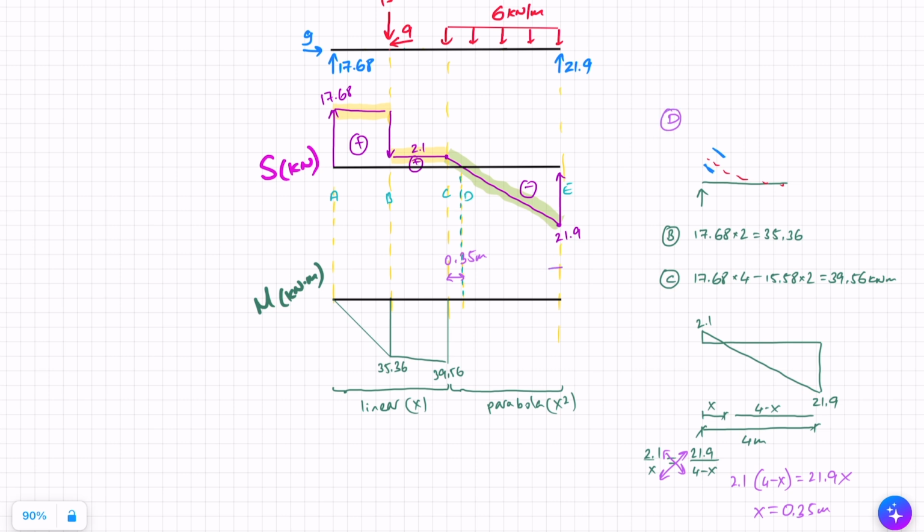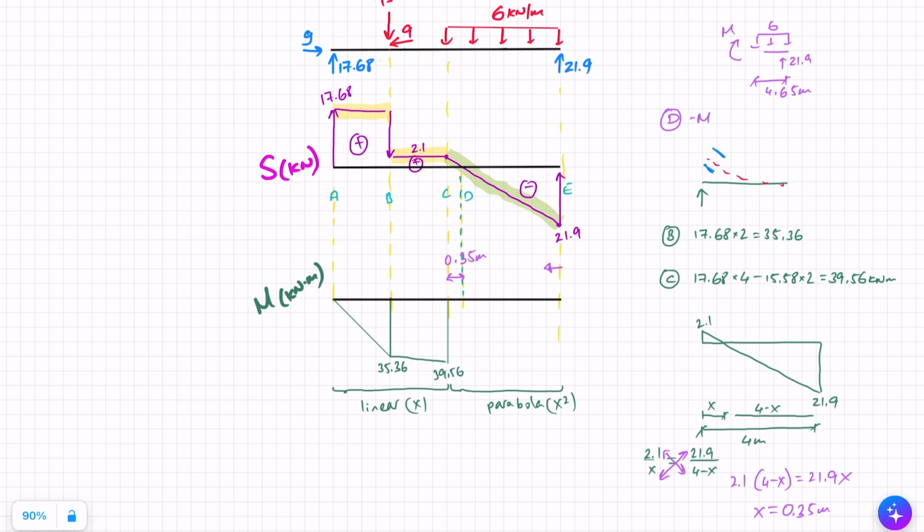And now all that is left for me to do is figure out what that maximum moment is at D. So I can go from this direction, so I can go from E to D, which would actually be quite simple, or I can go all the way from A. Let's go from E to D. So if I go from E to D, I've got a reaction force of 21.9, I've got a UDL of 6, this is the moment that I need to find, and the distance 4 minus 0.35 is 4.65 meters.